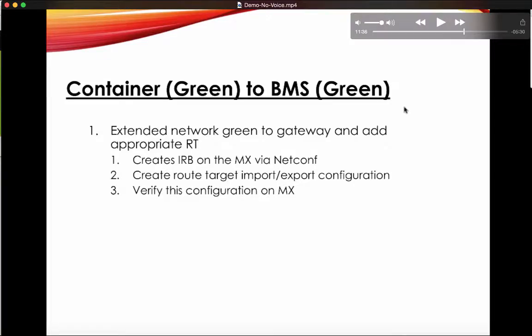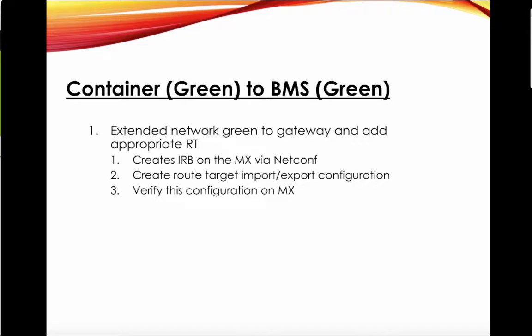So the next step is to basically show connectivity between the app and a bare metal server. So the first thing we need to do here is to extend the green network to the gateway.